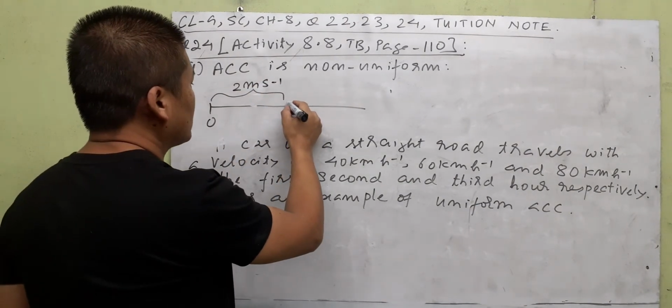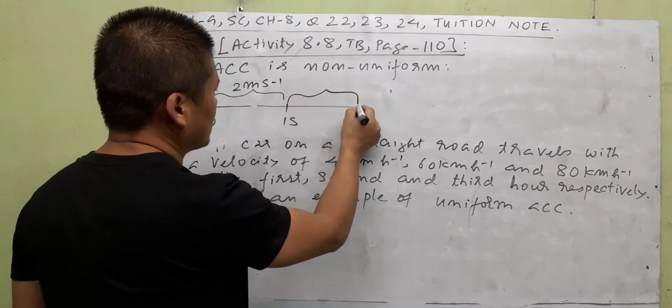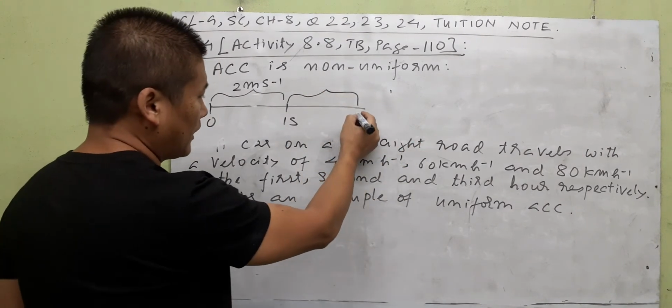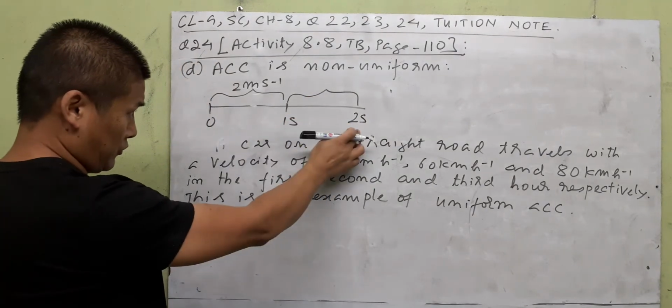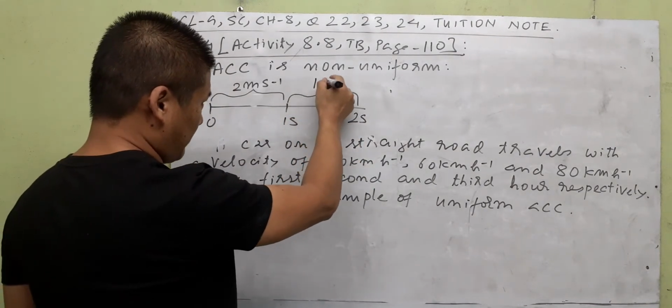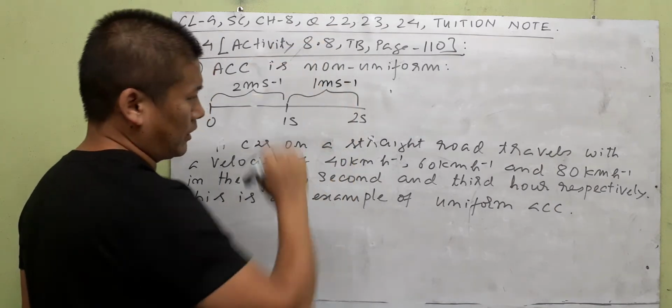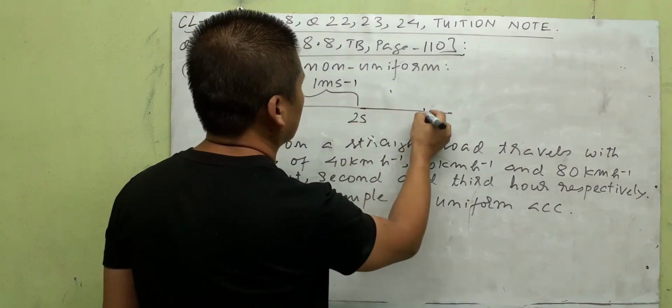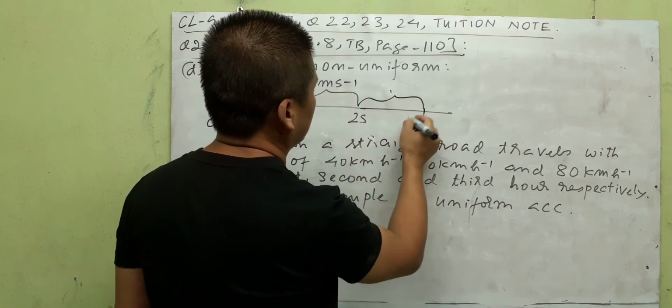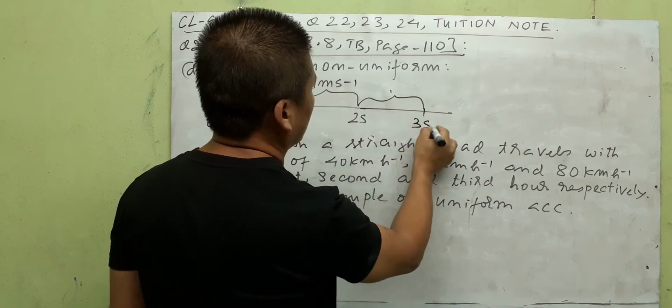But since it is more crowded, after 1 second it is entering a more crowded area. That means after 1 second, 1 plus 1, 2, it applied brake and the car slowed down to 1 meter per second. And then again after 1 second, let us observe its pattern, 2 plus 1.